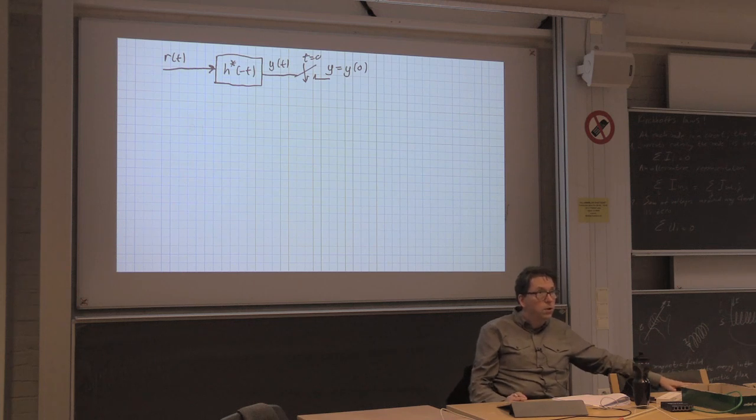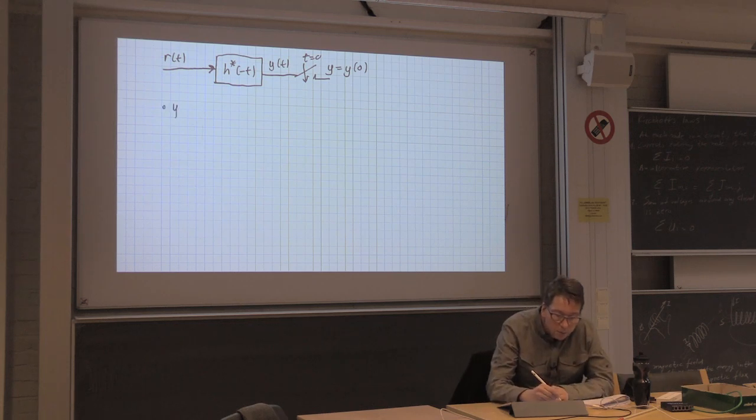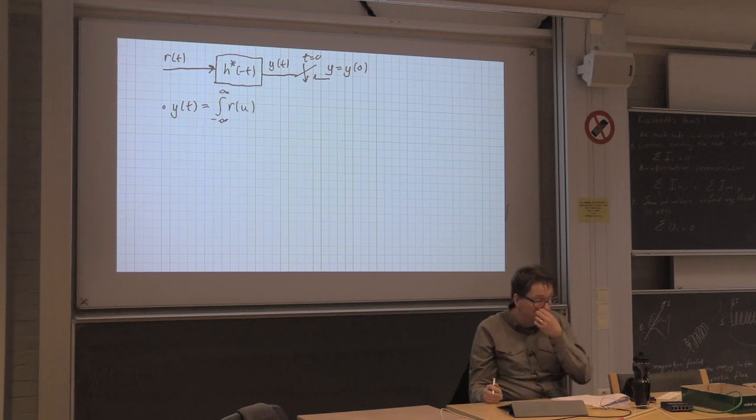So this is the setup. All right, so what can we say about y of t? Well, it's the convolution between the input and the impulse response.